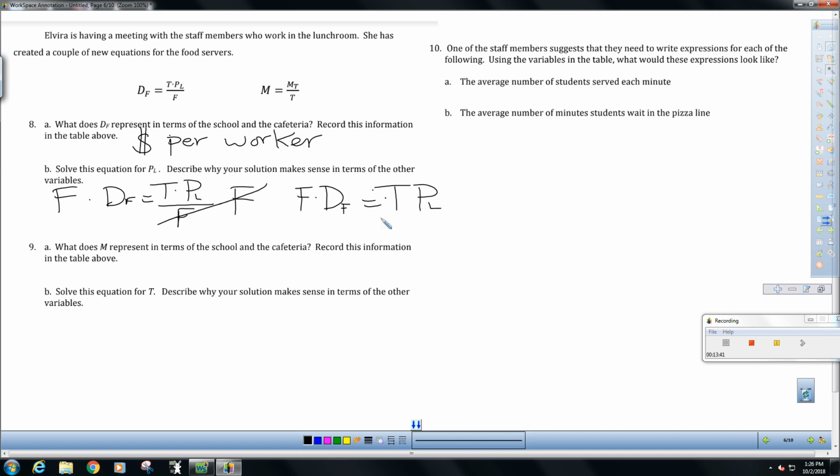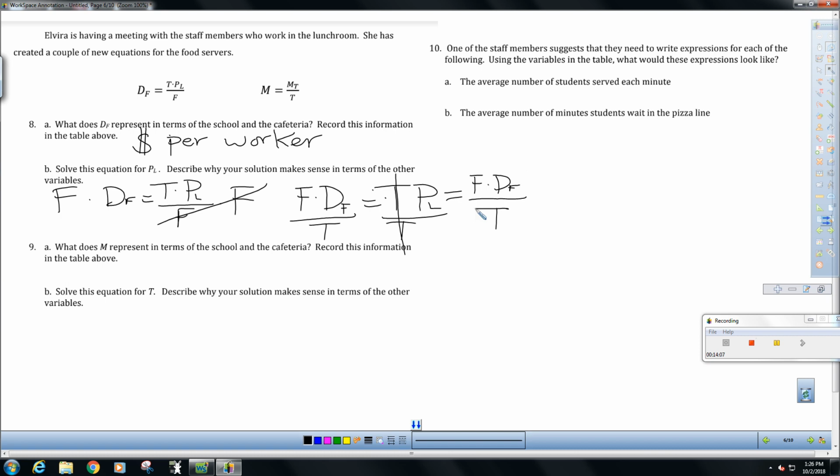Solve it. Excellent. Divide each side by T. T divided by T is 1. So you end up getting P sub L is F times D sub F, all over T. Okay?